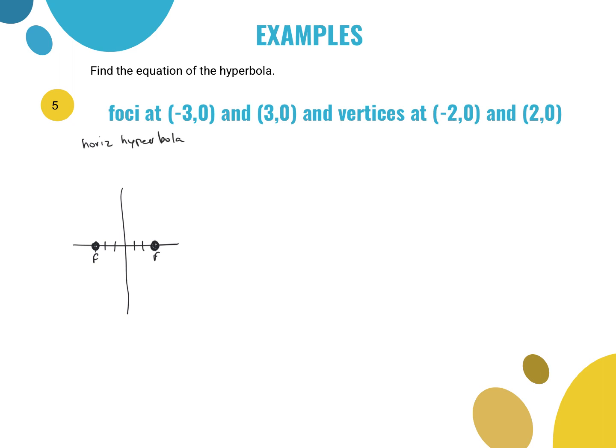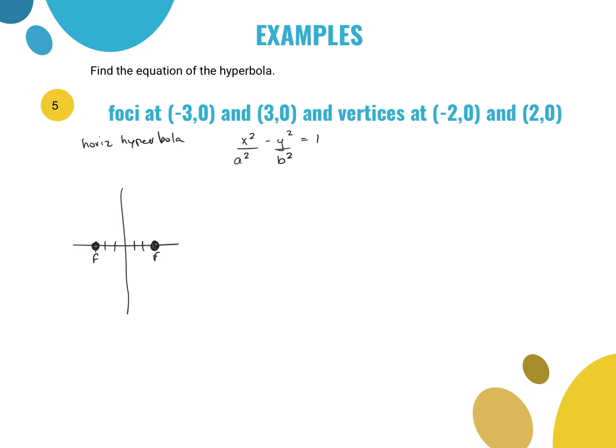Knowing it's a horizontal hyperbola, I know it's x squared over a squared minus y squared over b squared equals 1. A squared always goes with the first term, and b squared goes with the second term. Since it's horizontal, the x squared is first.